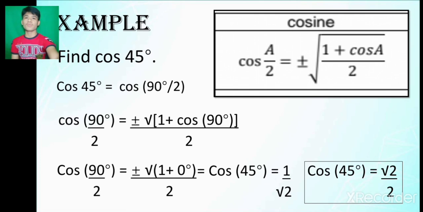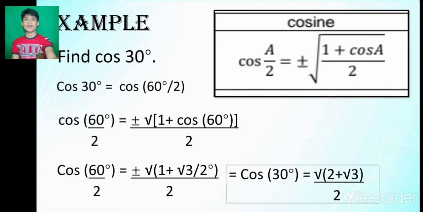Another example here, how about the cosine of 30 degrees? Again, the same formula. We have cosine A over 2 equal to positive or negative square root of (1 plus cosine A) over 2. Cosine 30 degrees is equal to cosine 60 degrees over 2.